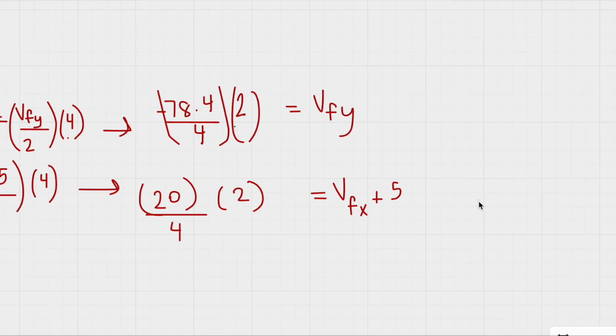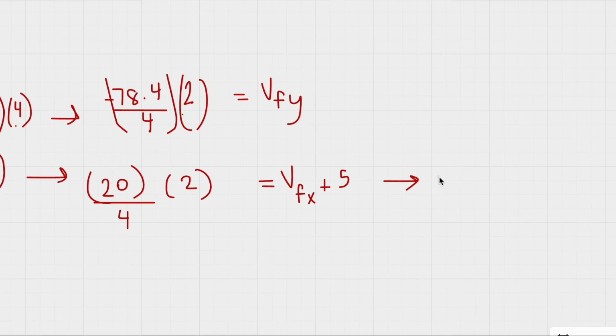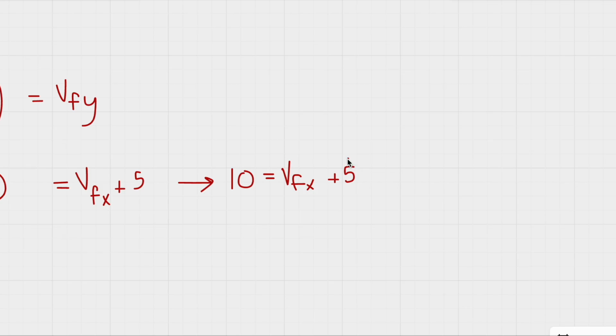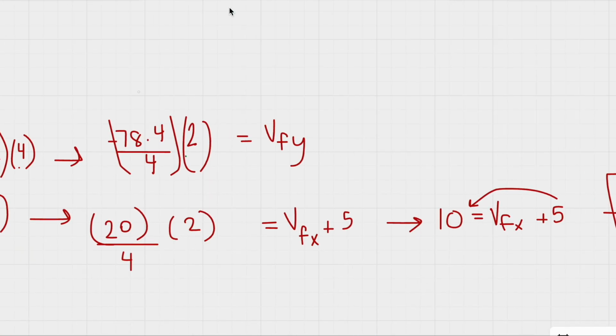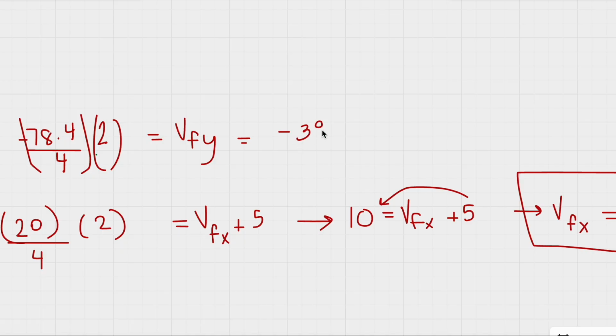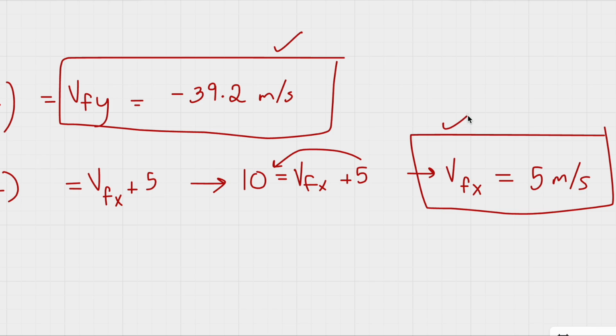Multiplying everything through, you end up getting 10 equals VF in the x direction plus 5. If you subtract this, you get the x component of velocity is 5 meters per second. Now the y component of velocity, you get negative 39.2 meters per second. And these would be the final answers.